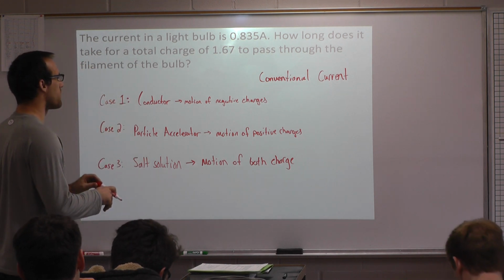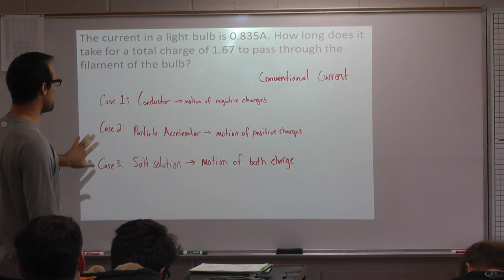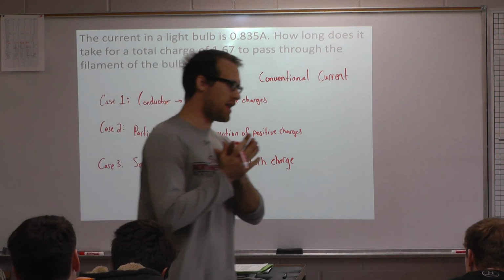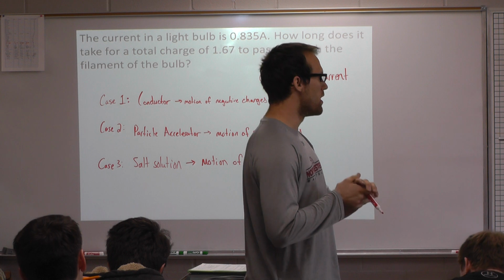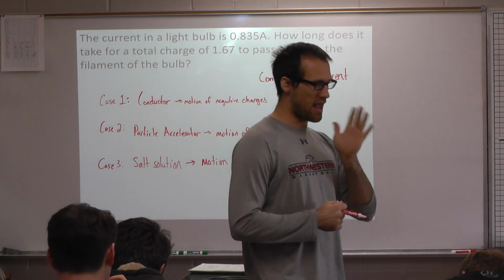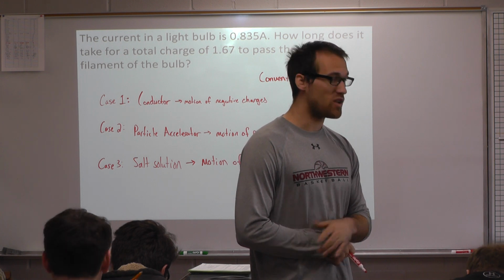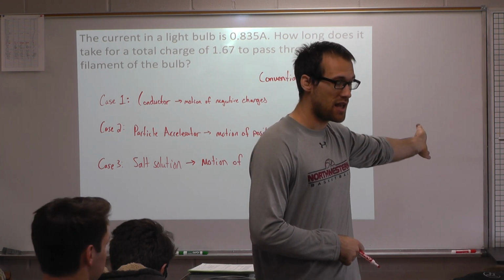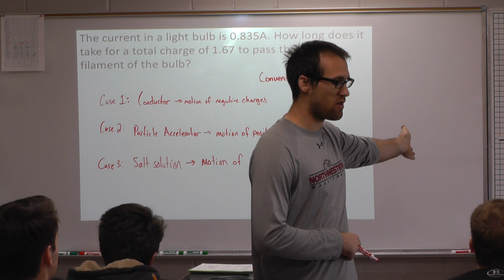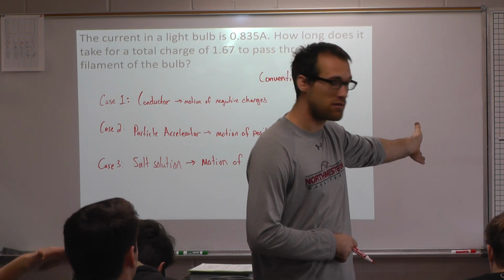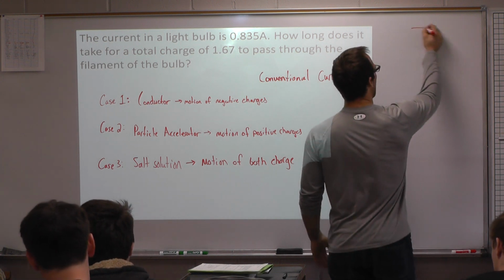So, case 1, case 2, case 3, conventional current. Okay, this is going to be kind of tricky. It's just a way to, because if you have a positive particle and a negative particle, they're going to move differently. We just showed an example in an electric field where a positively charged particle and a negatively charged particle would do different things within the same field.